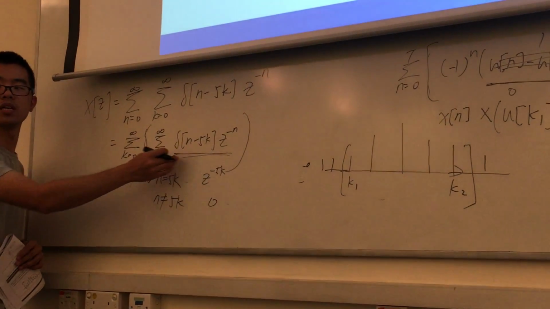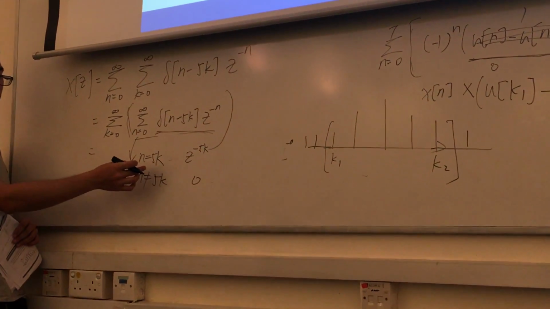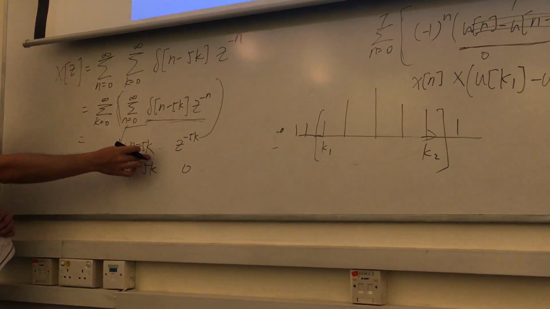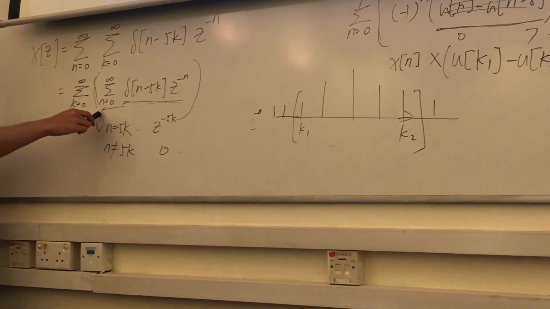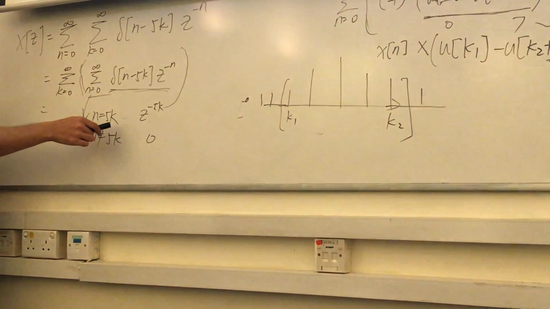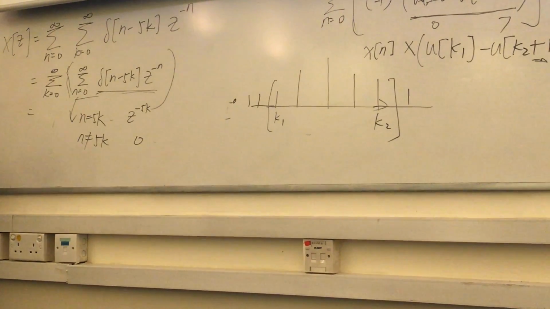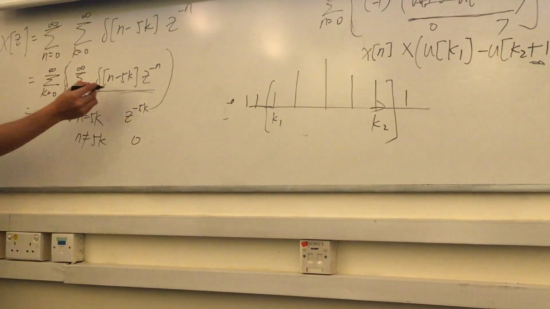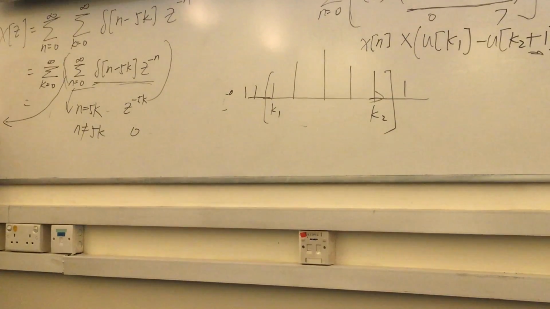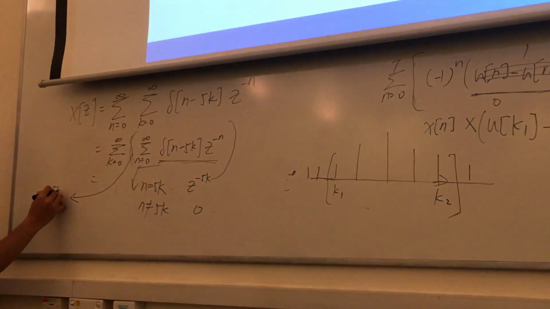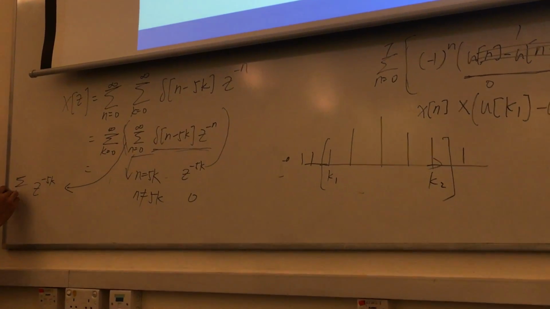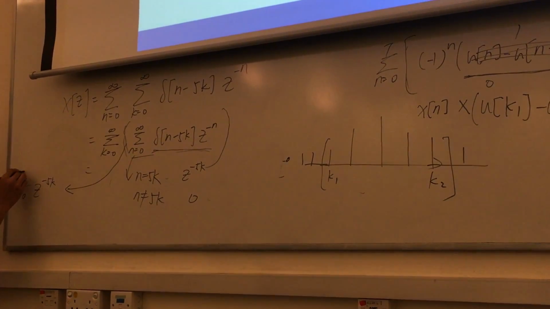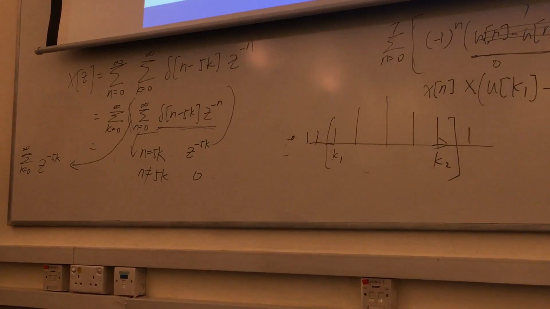This component has value only when n is equal to 5k. In other places, it's equal to 0. So now, from this domain, we only have one value, 5k. Okay, so this middle part is just equal to z^(-5k). And then you have your summation from the outside. So you can get the solution easily.